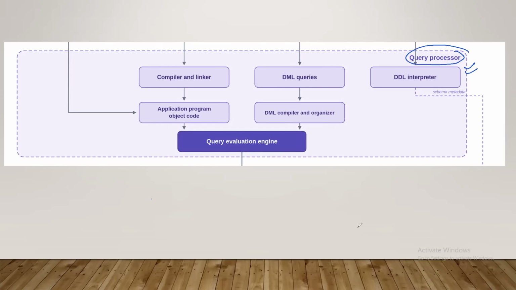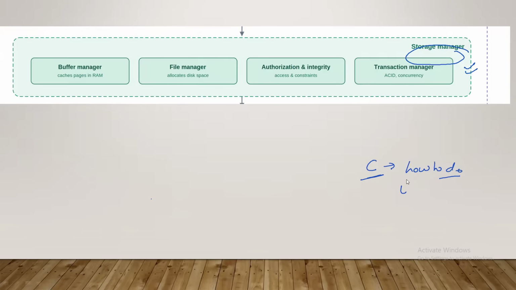Now, before that, I would like to take your attention to one part. When we studied C programming, here we have to give the complete instruction to the computer on how to do everything, by giving it in the form of loops. I will take you back to the previous slide.